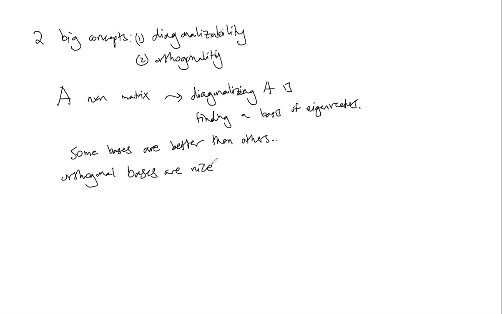Well, any vector can be written as a linear combination of your basis elements. So you need to solve some linear system to do that. But for orthogonal bases, you don't need to solve a linear system, because you can just take dot products. Let's say you have a vector y equal to C1 B1 and so on, where B1 through Bn are your orthogonal basis, then you don't need to solve a linear system.